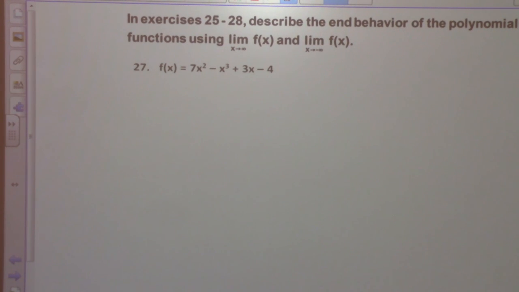So number 27, yeah, just go ahead and do it. Number 27, you just need to rewrite this in standard form. Just helps you to see it better, I think, if you do it that way.